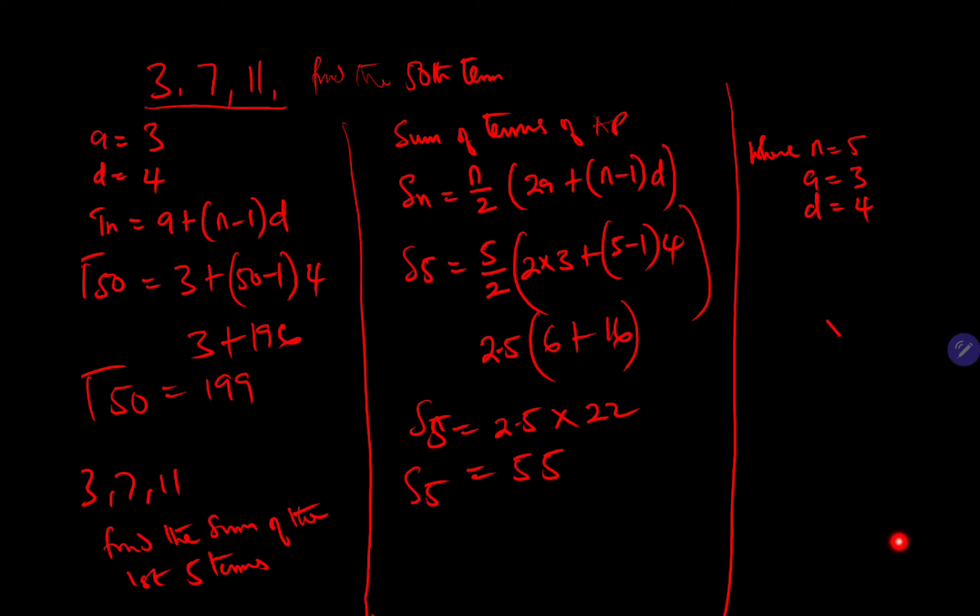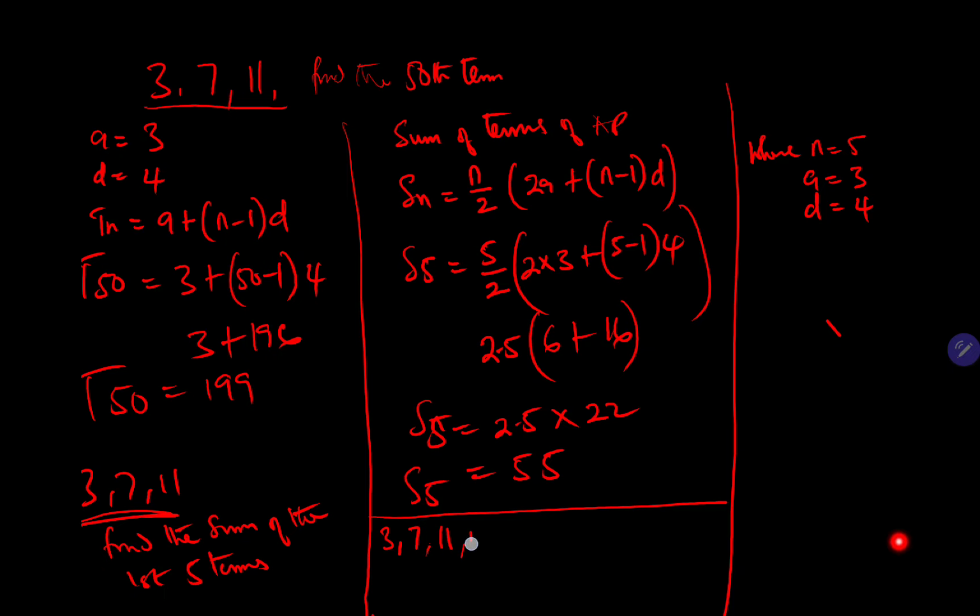All right, so we see here that the first term is 3. I'm picking from the sequence, so our check now. The first term is 3, the second term is 7, the third term is 11. What will be the fourth term? We get the fourth term by adding the common difference, which is 4.